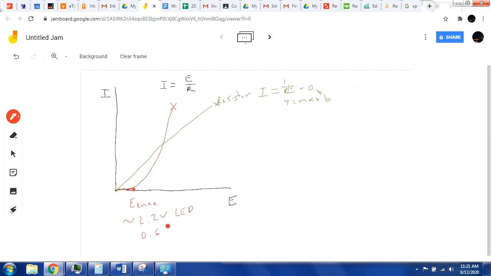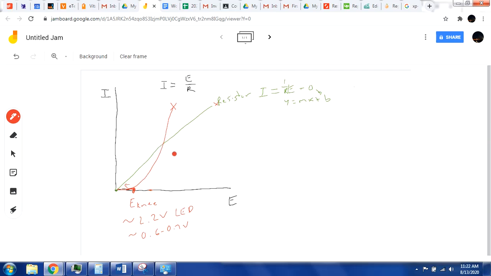And maybe this is 2.2 volts for a red LED. Whatever it is, you're going to have some knee voltage where below that you don't have hardly any conduction. But then after that, a tiny change in voltage can result in a big change in current.